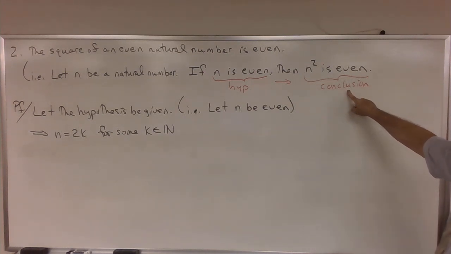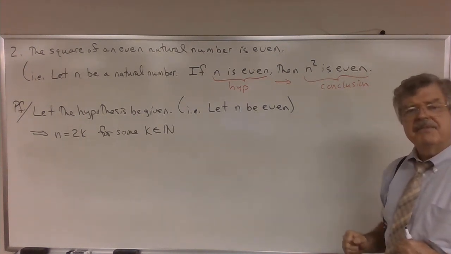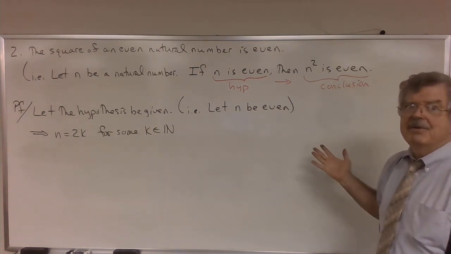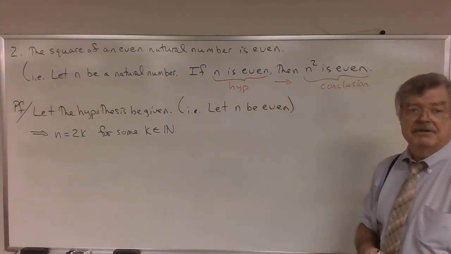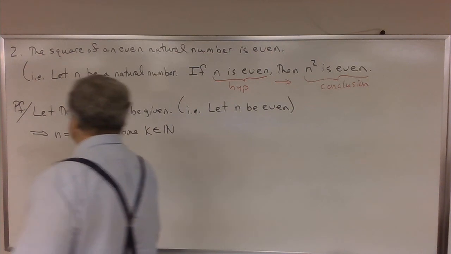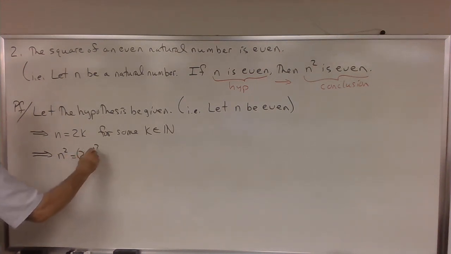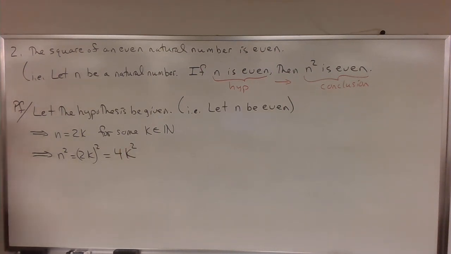I'm trying to prove that n squared is even. I don't know how to do that, but I know what n looks like. And because I need to show something about n squared, and I don't know what else to do, I'm going to take n and square it and see what it looks like. Okay, so n squared equals 4k squared.